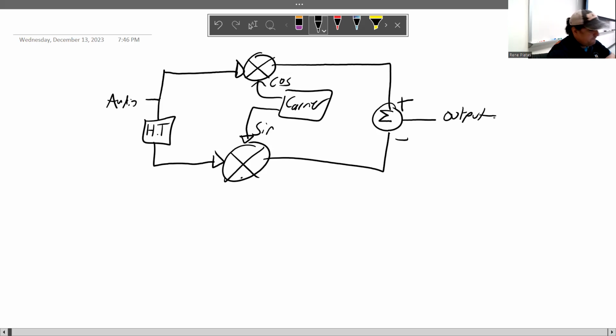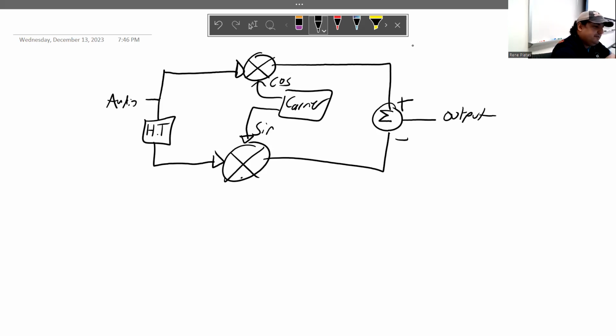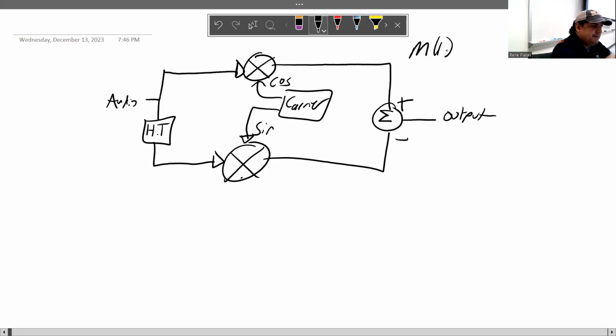Okay. So your message signal is 4 sine 2 pi t. It's a very boring signal. So that's what's going in here.